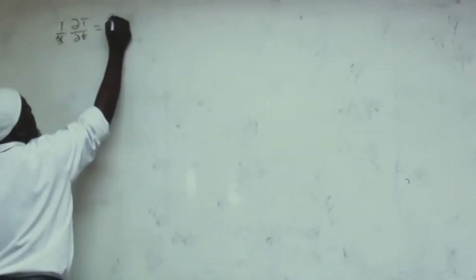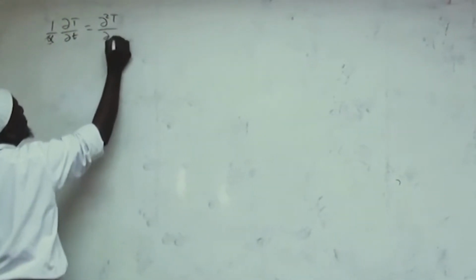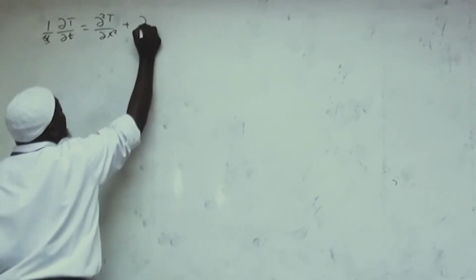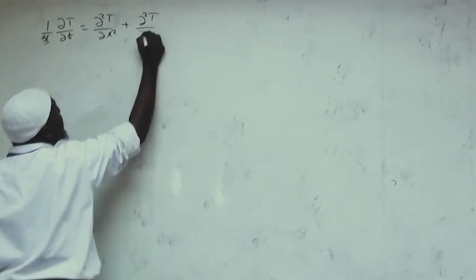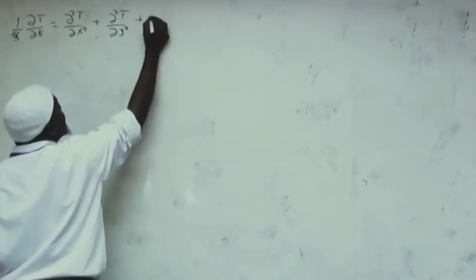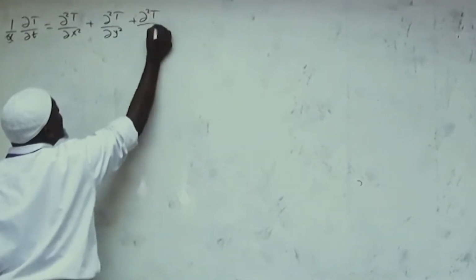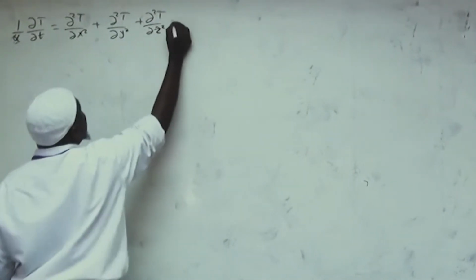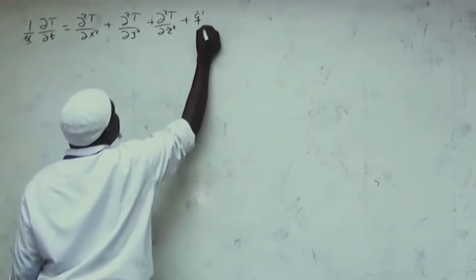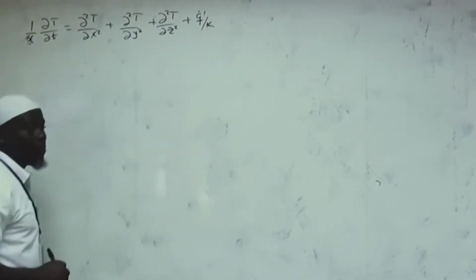We have 1 over alpha, dT over dt, equals d squared T over dx squared plus d squared T over dy squared plus d squared T over dz squared plus q over k.